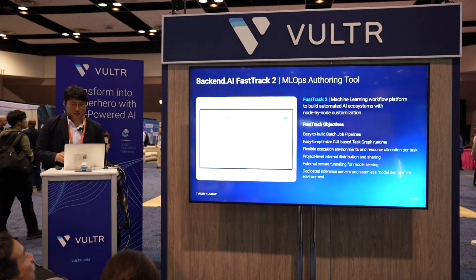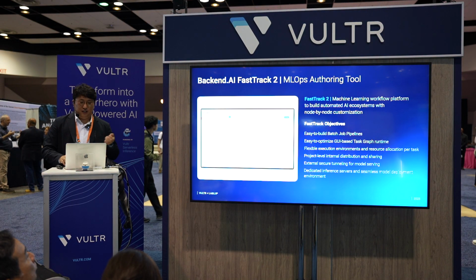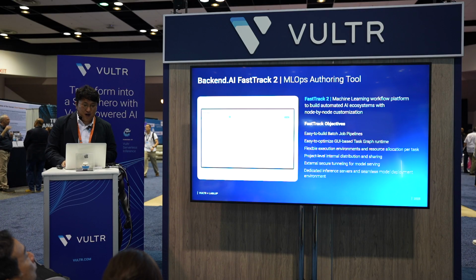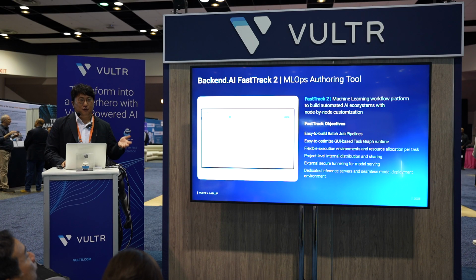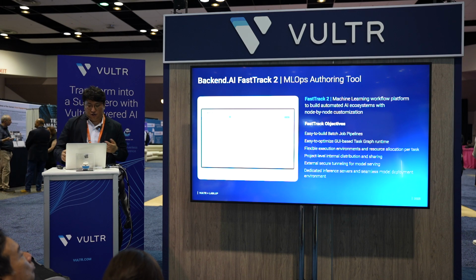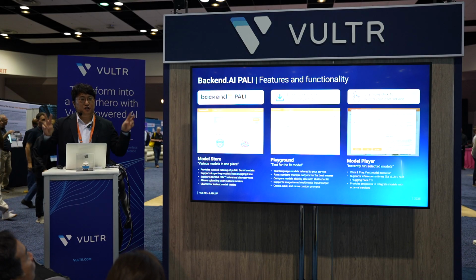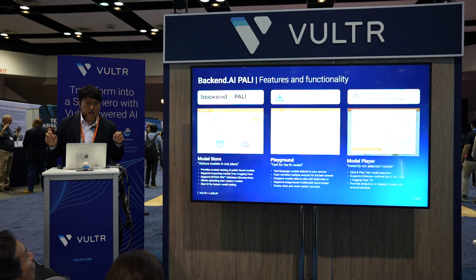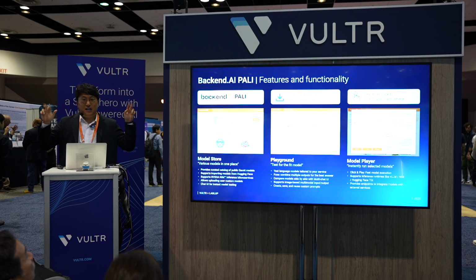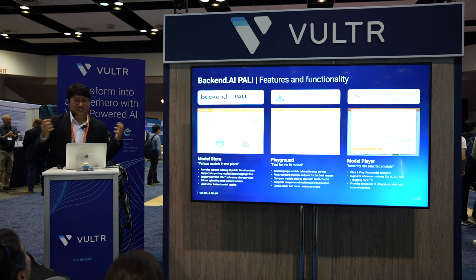We are also offering a GUI-based MLOps authoring tool called FastTrack, which provides pipeline designers, reserved executions and so on. And we also have a very high-level, end-user-centric interface called Pali. Pali is a Korean word that means quick, fast.